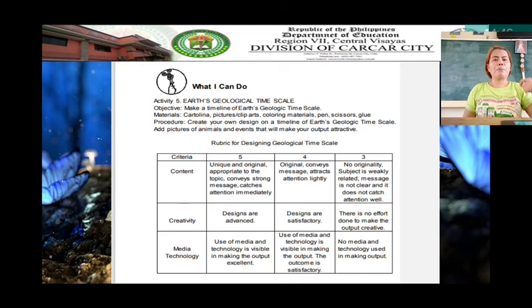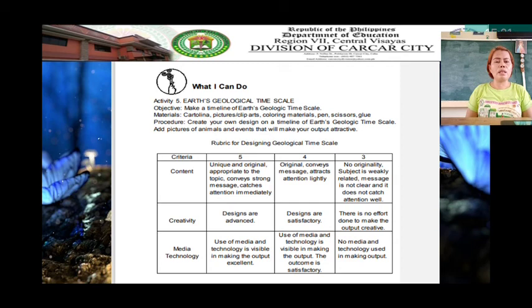Okay. For the fifth activity, what I can do. It's Earth's geologic time scale. Make a timeline of Earth's geologic time scale. The materials you may prepare are cartolina, pictures of different animals, plants, pen, scissors, and glue.